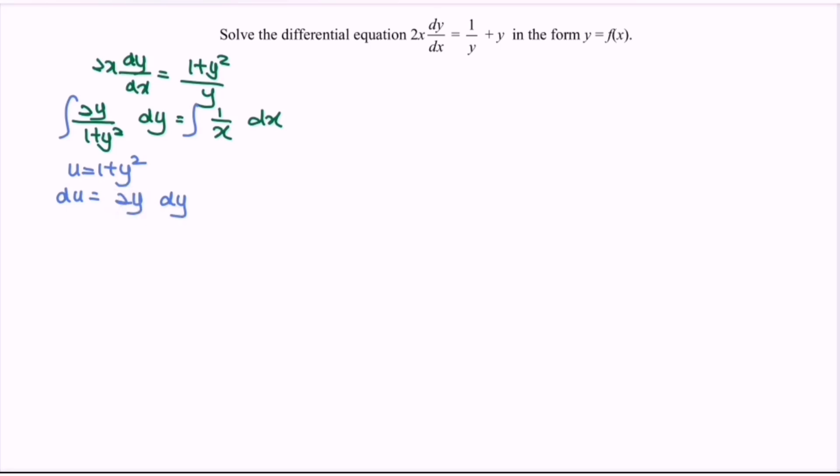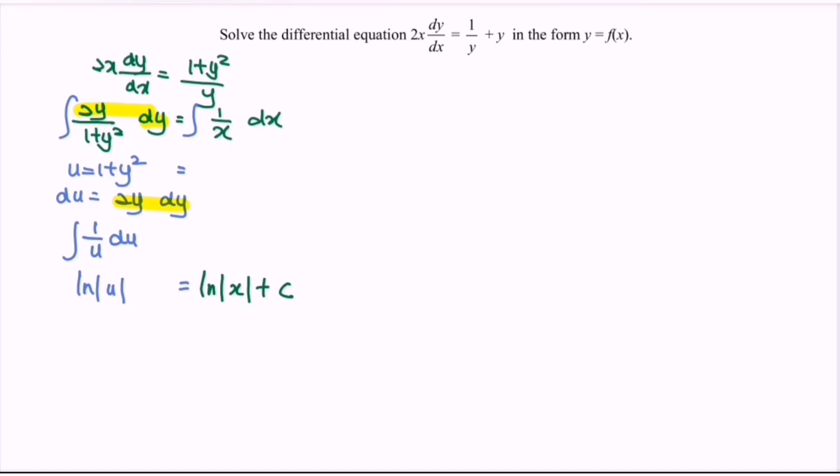If you notice that we have the situation 2y dy, which is equals to du. So kindly substitute the situation, integrate where we have 1 over u du. Kindly integrate, so we have ln u. So that is what we have on the left hand side. Kindly focus on the right hand side. Again, we have the situation, integrate 1 over x respect to x. So the answer will be ln x plus with the c.